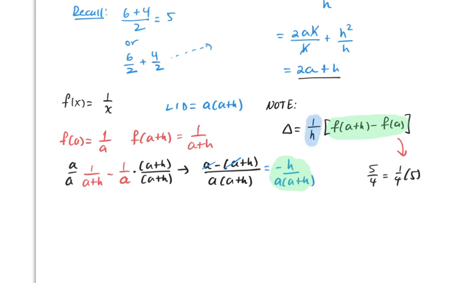So therefore, the difference quotient is going to be 1/h times the difference, or the net change technically. And notice that the h cancels, so the answer will be minus 1 over a times (a plus h). And that's it, which is exactly the same answer we got if you check your notes from last week.